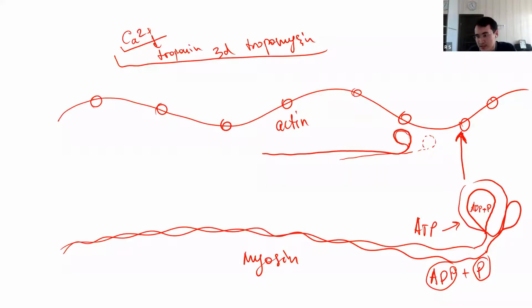And after this head extends, it releases this phosphate. And after this release, it will try to get to the previous state like this. So this is the first state, and it will try to get to the previous state. And in this case, it will kind of pull itself towards the next binding site, okay?